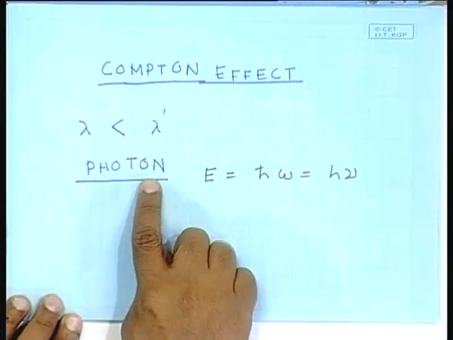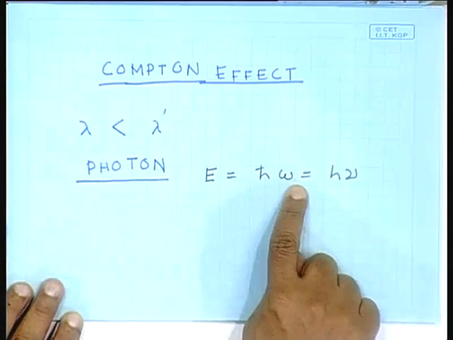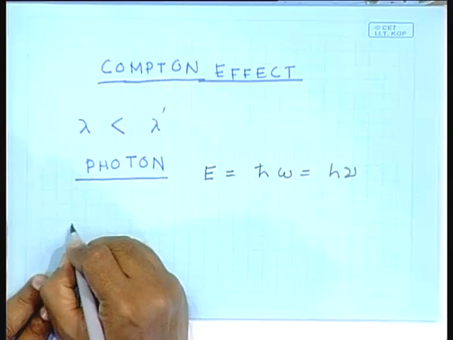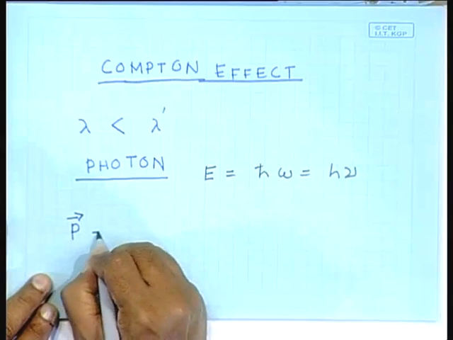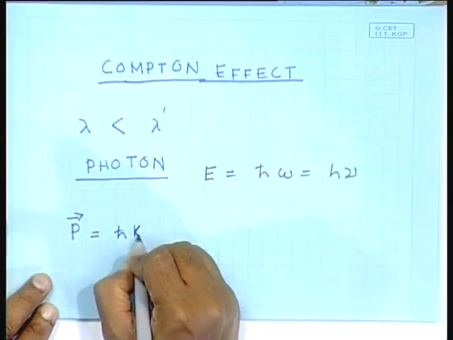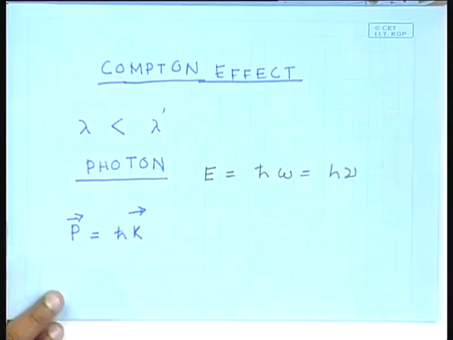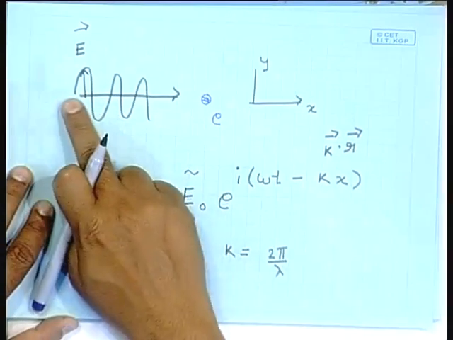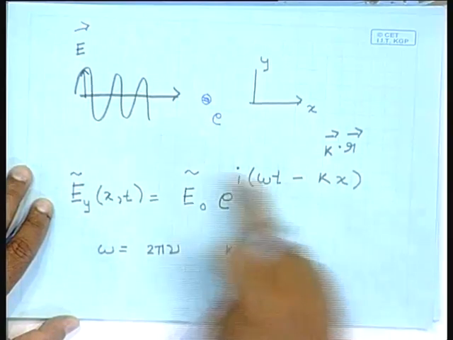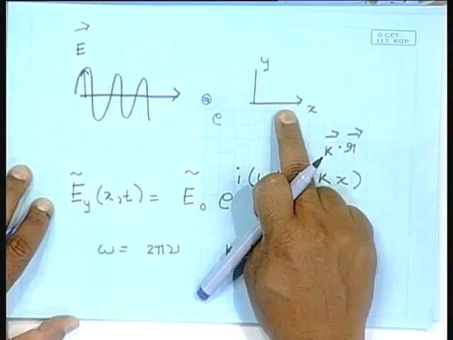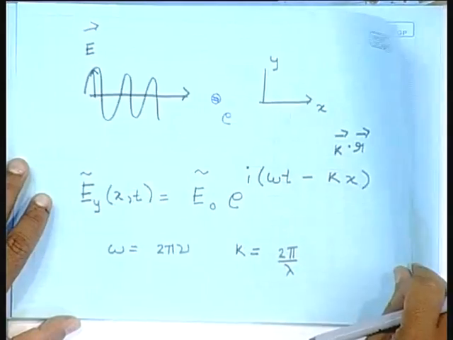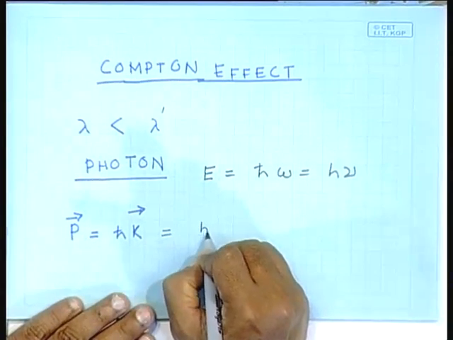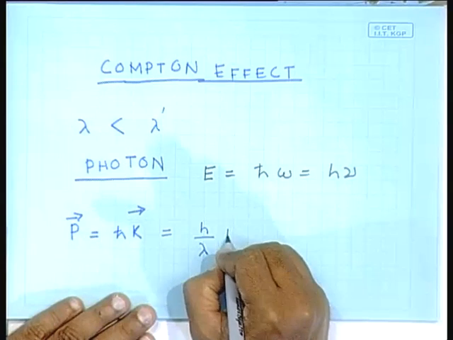Each photon has energy h cross omega or h nu, and each photon has momentum p, which is h cross into the wave vector k. Here the wave vector is along the x axis and has a value 2 pi by lambda, so we can also write this as h by lambda into the unit vector along the x axis, i.